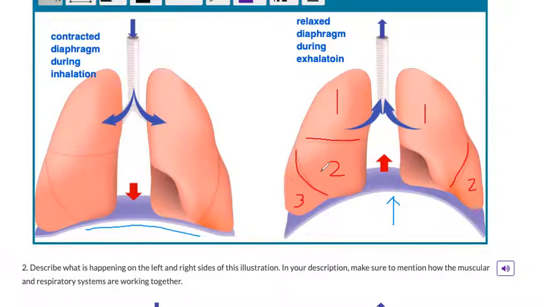And the reason for that is because on this side, we need room for the heart. And so that's why on the left side, our bodies only have 2 lobes, and on the right side, we have 3 lobes.